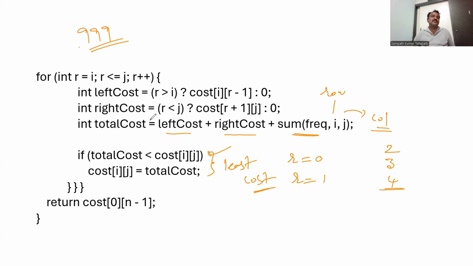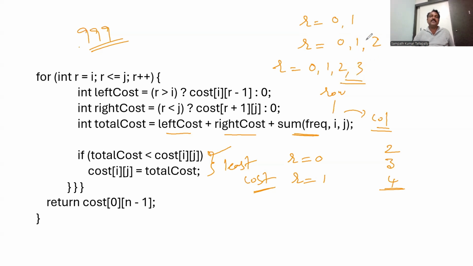So this is going to be done for how many times? For r times, because in the first iteration r will be 0 comma 1, in the second iteration it is going to become 0 comma 1 comma 2, and so on.